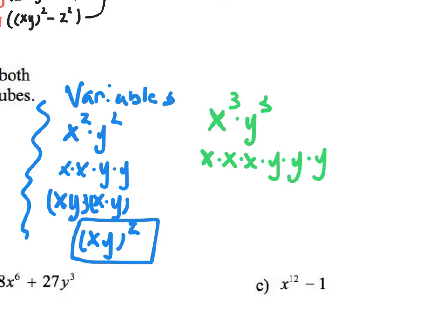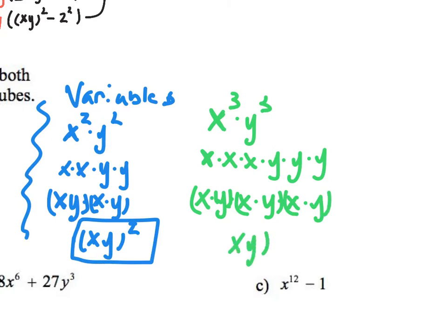I can reorder this and say I'm really just doing x times y, times x times y, times x times y. So I have these quantities here. x times y three times gives me the quantity xy cubed. That's how I'm getting those, and we're going to do that quite a bit.